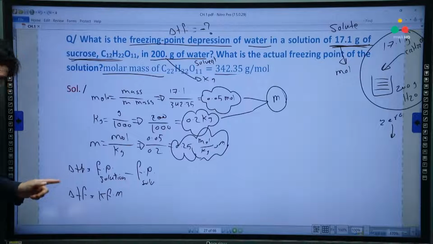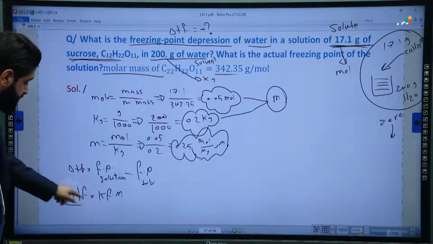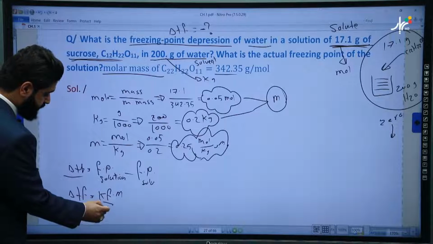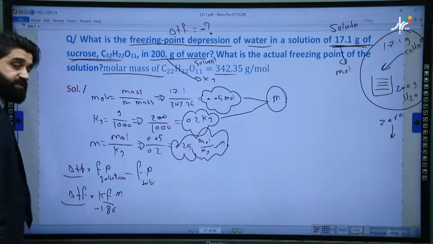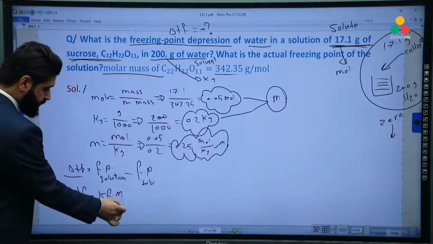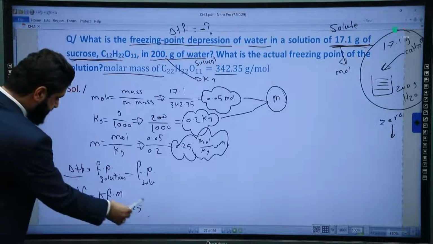We are looking for delta TF, so which one is useful to get its value? Surely we have Kf. Kf is 1.86 because the solvent is water, times molality 0.25. So we can get the value of delta TF here.